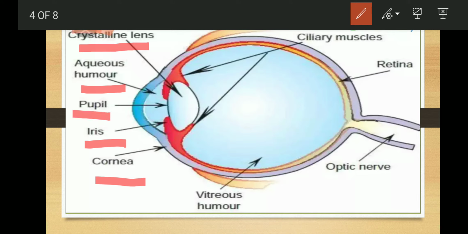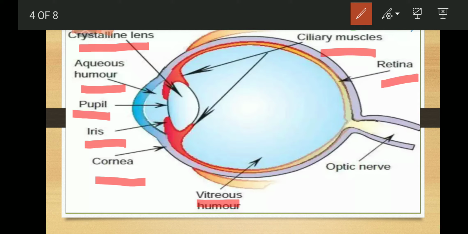Pupil. It controls and regulates the amount of light entering through the eye. Then is ciliary muscles. These muscles hold the lens in its position. Then is vitreous humor. It is the space between lens and retina.